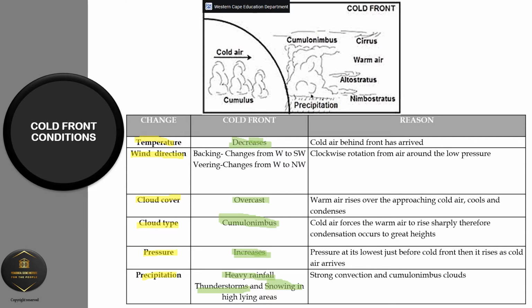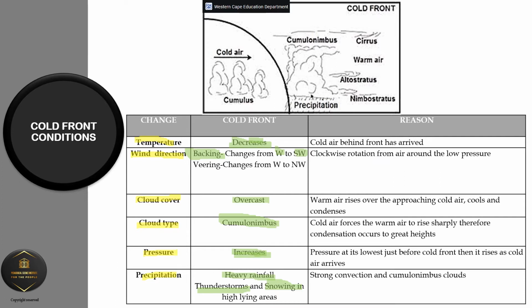Before that, we will have normal westerly winds in the westerly wind belt, but when a mid-latitude cyclone comes, we have now a change from westerly winds to southwesterly winds. That phenomenon is known as backing. So backing happens, our wind direction changes from westerly to southwesterly, and that is true for the southern hemisphere.